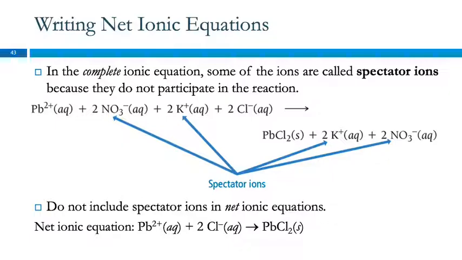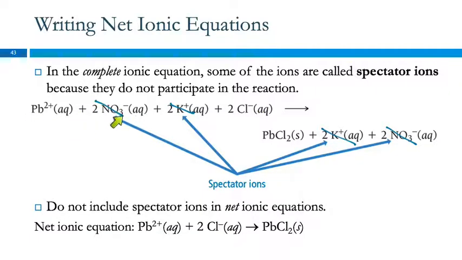So in the net ionic equation, we get rid of the spectators. So this is a spectator, and this is a spectator. Anything that is the same on both sides of the arrow is a spectator. Because would this reaction between lead and chloride happen if lead came with somebody else like acetate?